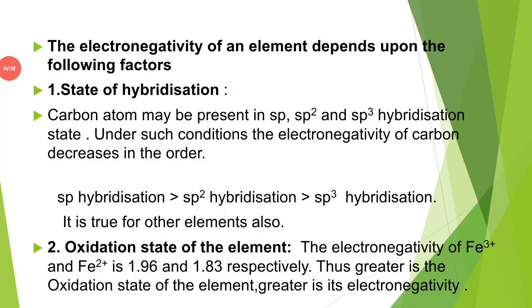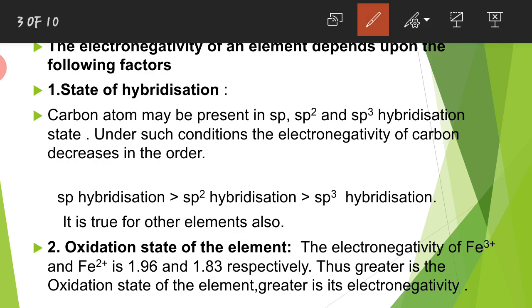Next, the electronegativity of an element depends upon the following factors. First, state of hybridization. Carbon atom may be present in sp, sp2 and sp3 hybridization state.